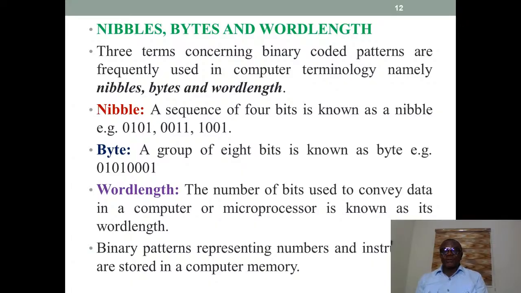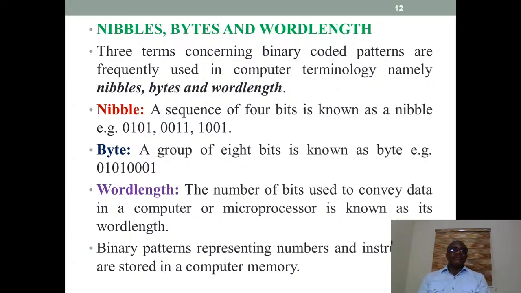Then the word length is the number of bits used to convey data in a computer or microprocessor. So it can be 2 nibbles, which is 8 bits. It could be 2 bytes, which will be 16 bits.